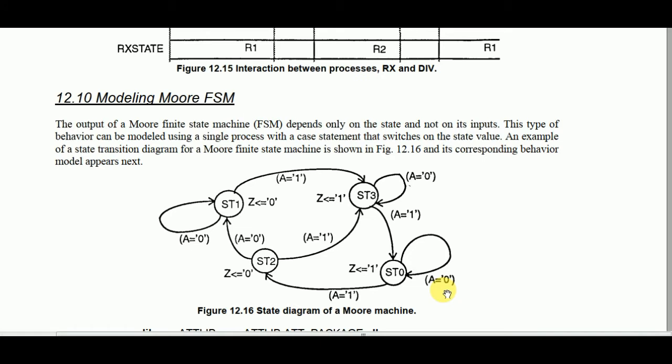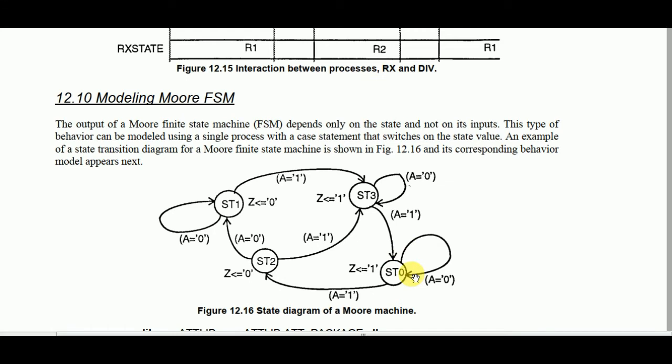So let us focus on this state diagram. Start with ST0. At ST0, that means in state 0, the value of Z is equal to 1. Then in ST0, if A is equal to 0, the machine will stay in state 0.